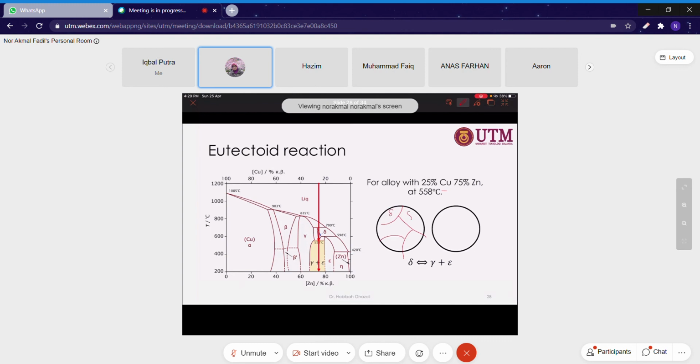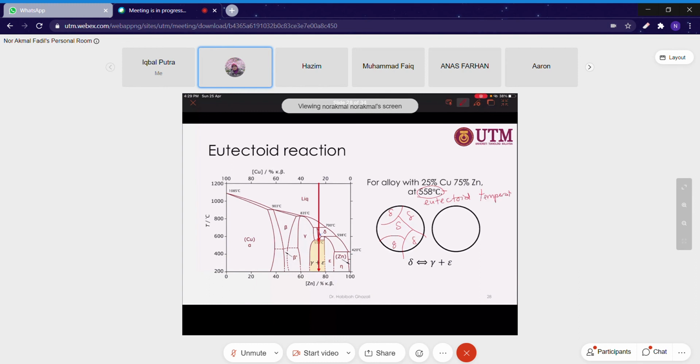This delta, and then after passing through the isothermal reaction, which is the eutectoid temperature.